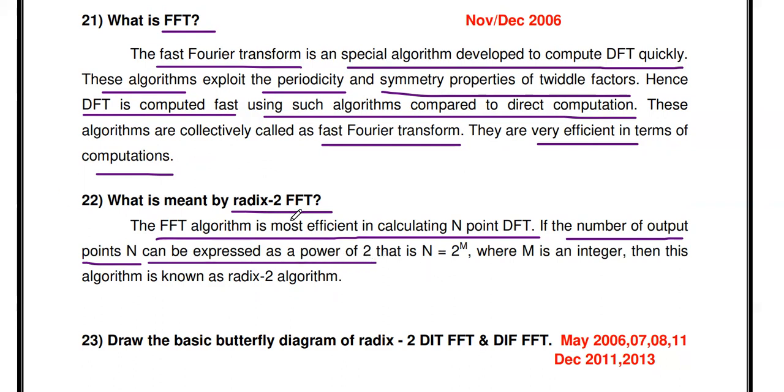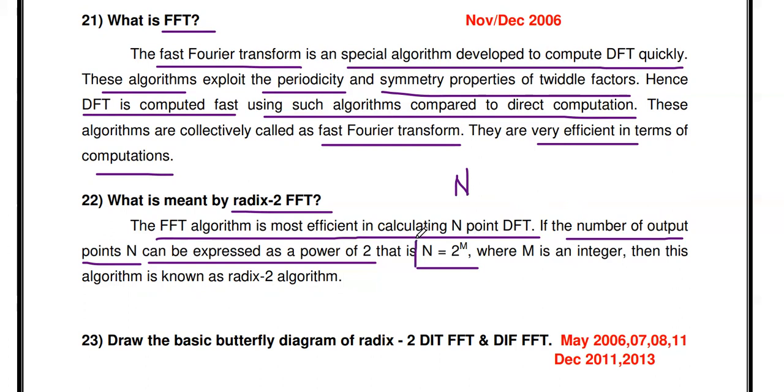So we may calculate 2-point, 4-point, 8-point, 16-point, 32-point, 64, 128, and so on FFT. That capital N we have to express in terms of 2 to the power. So 8 means 2 to the power 3, 4 means 2 to the power 2. So the number of output points can be expressed as a power of 2.